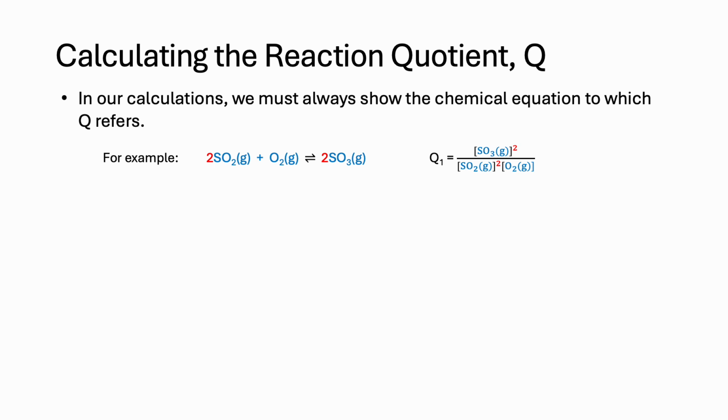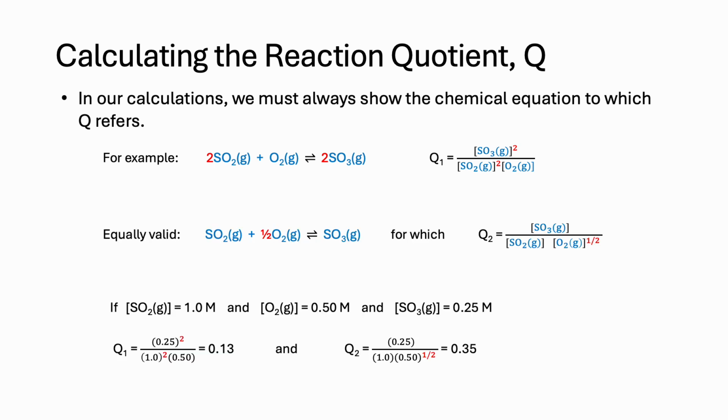Let's look at a couple of examples of calculating Q. Firstly, it is important to write which chemical equation Q refers to. For example, sulfur dioxide reacts with oxygen to form sulfur trioxide. We can write an equation for this reaction and an expression for the reaction quotient associated with this equation.